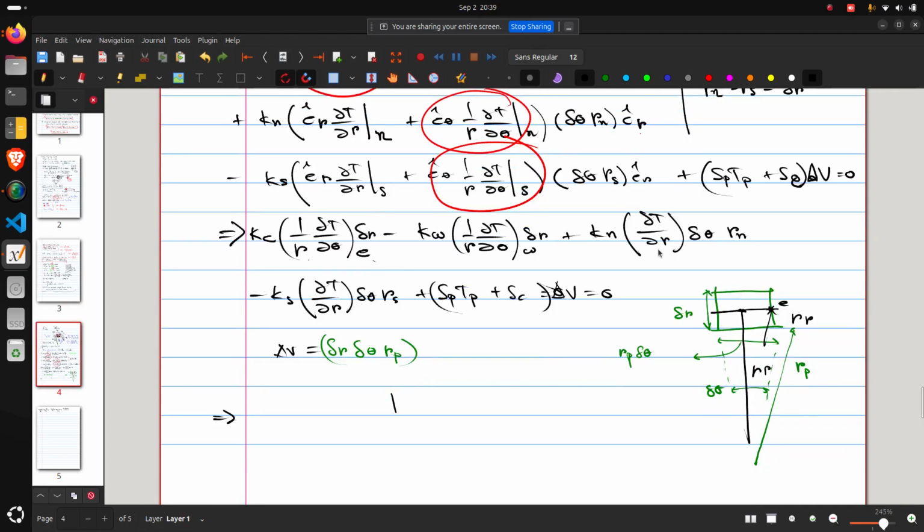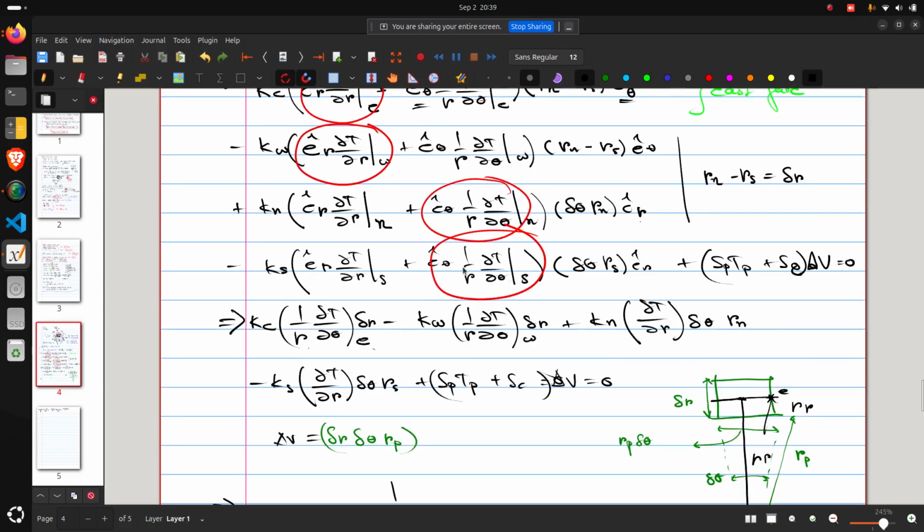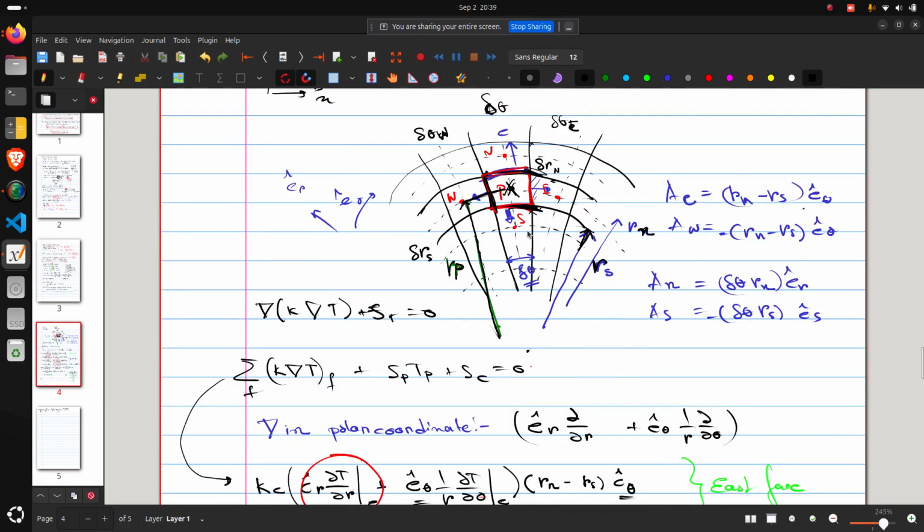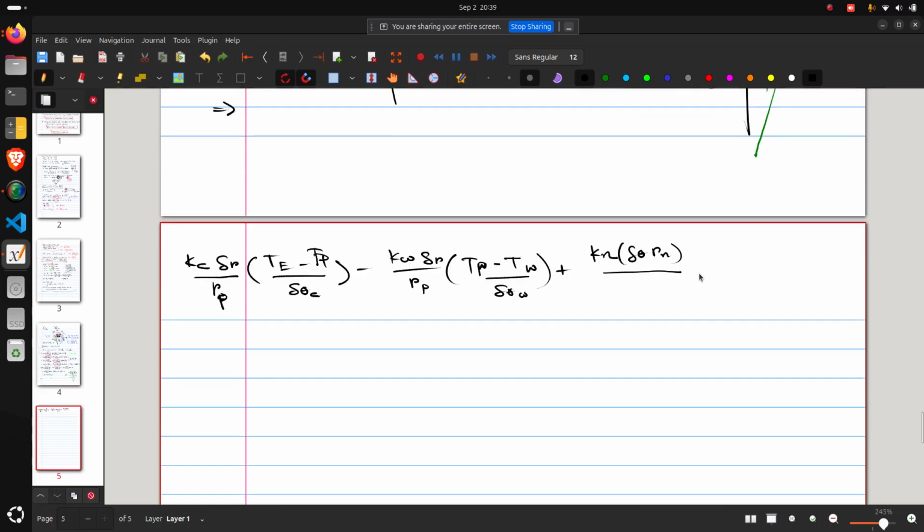What will be the dr, right? So here dr will be nothing but Rn minus r capital P, and it will be Tn minus Tp.